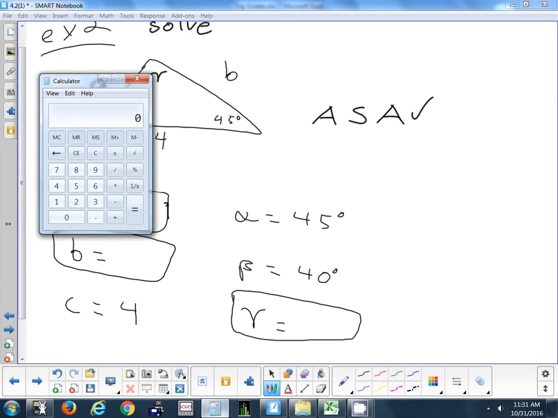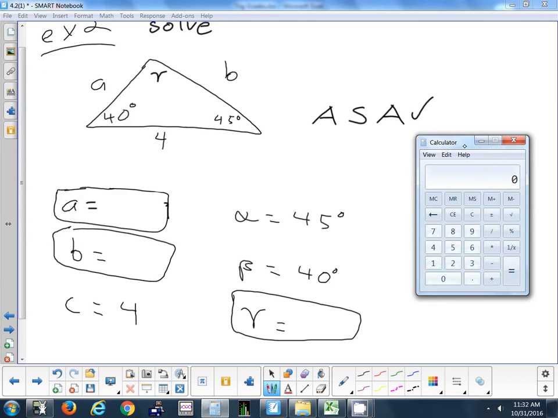Let's get that right away, because in this problem you can't do anything until you find gamma. You have to get gamma first. So what is gamma going to be? 95. Just take 180 minus the other two.